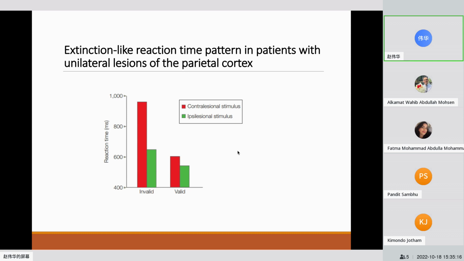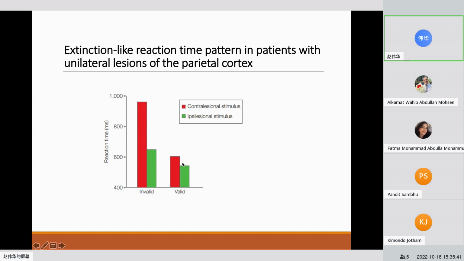This condition is in contrast to patients with cortical lesions of the inferior parietal and temporoparietal junction. Their main deficit was greatly increased reaction times to invalid targets in the contralesional space, but not to the valid targets.